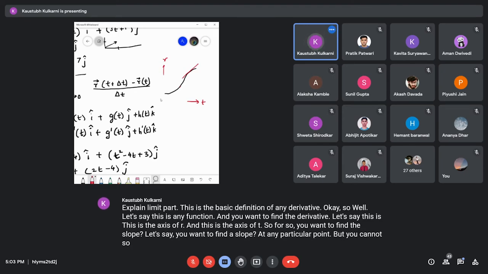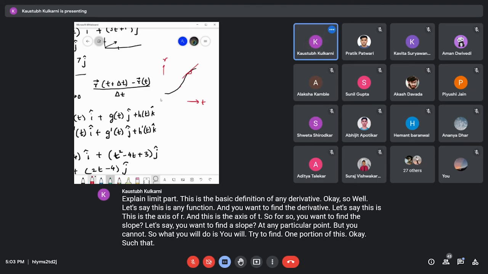So what you will do is you will try to find one portion of this, such that for a very small displacement in t, infinitesimally small displacement in t.